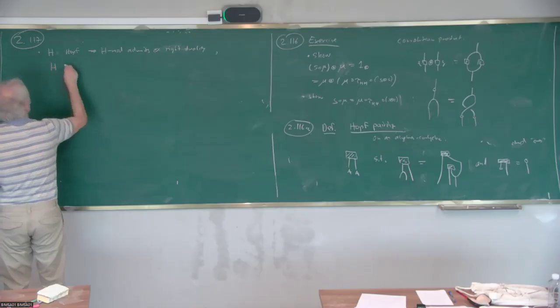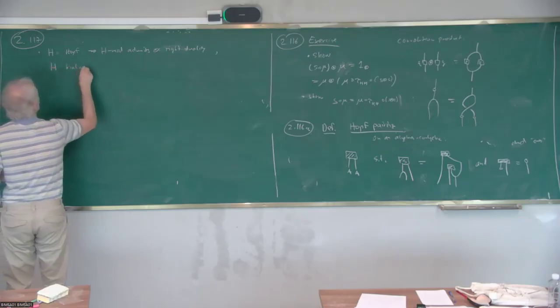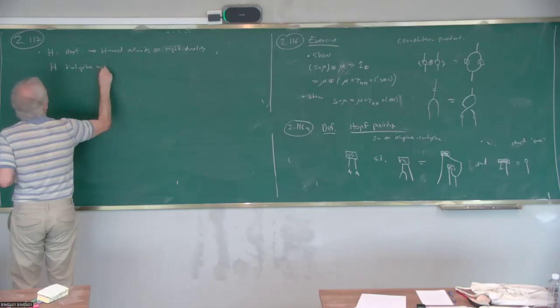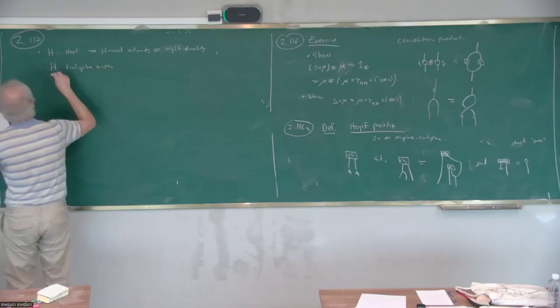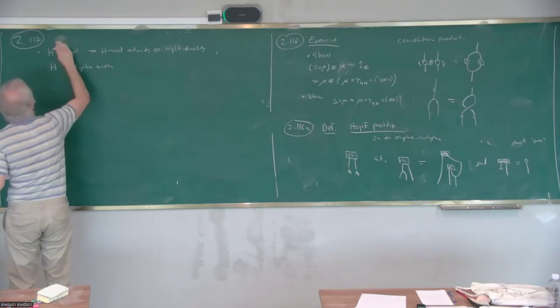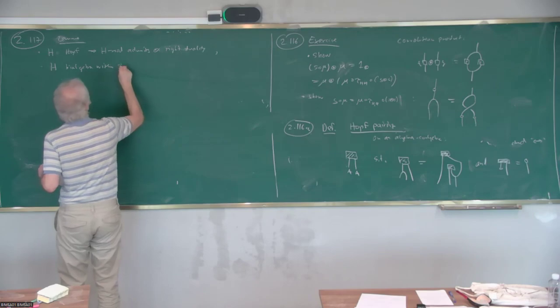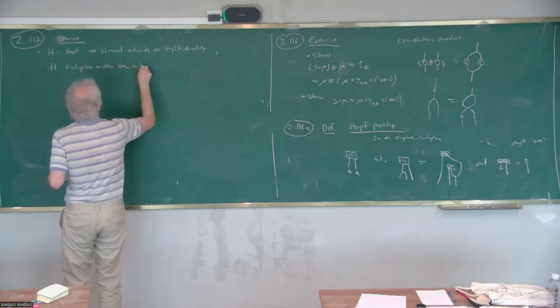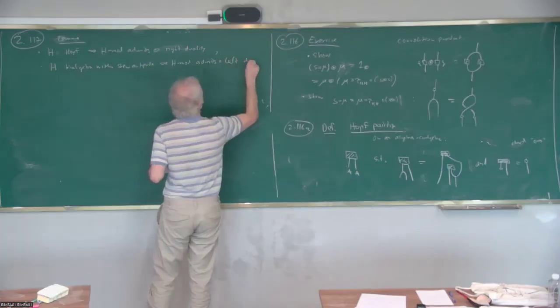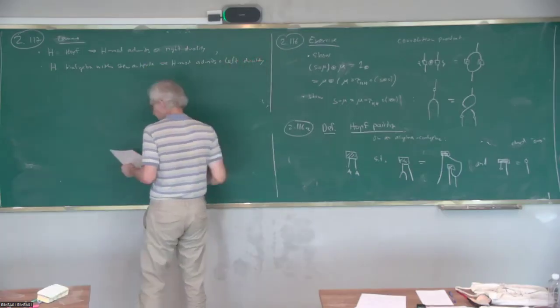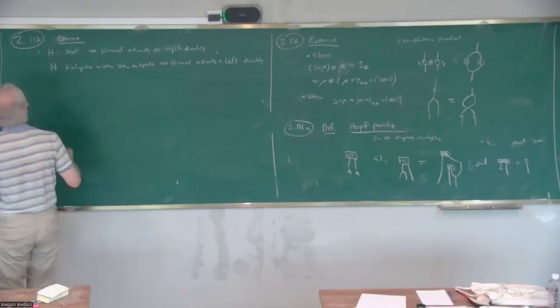If H is a bi-algebra with skew antipode, then its category of modules admits the left module duality.